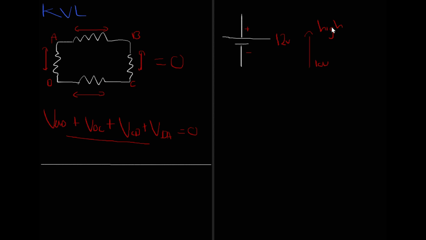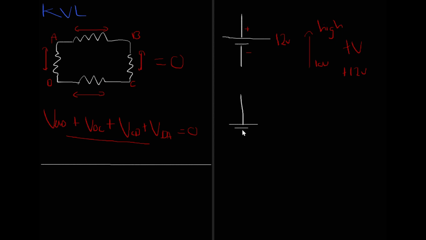So if the current is going from a low potential to a high potential, that basically means it's going to be plus V, plus voltage. So if it's going from a negative to a positive, it's going to be plus V, or plus 12 volts.